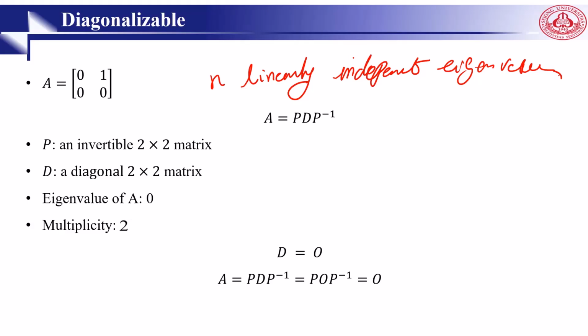In this case, A has only one distinct eigenvalue, which is 0, and the multiplicity is 2. So it lacks sufficient linearly independent eigenvectors, and we say it is non-diagonalizable.